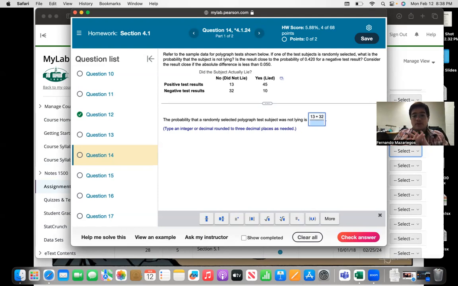And we divide by the total amount of subjects in this experiment. So that would be 13 plus 32 plus 45 plus 10. If we simplify this, we would get 45 over 100. So this is 0.45.